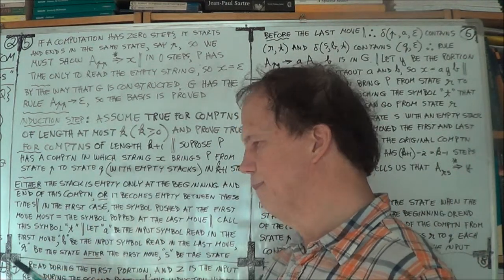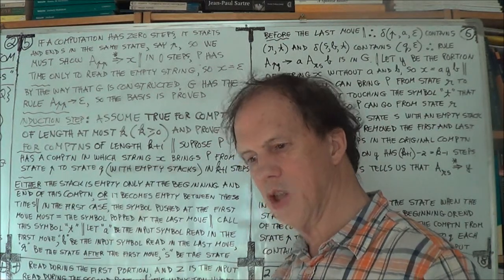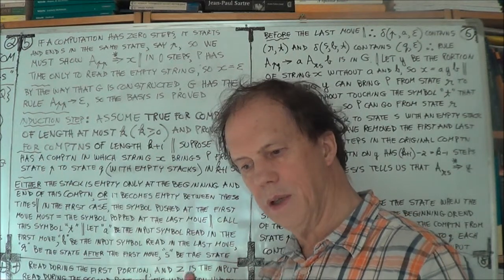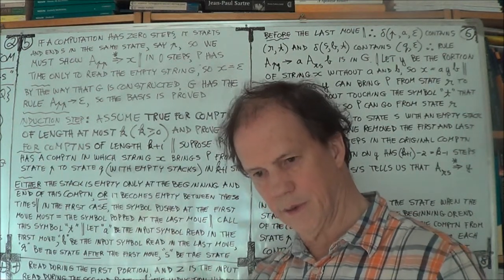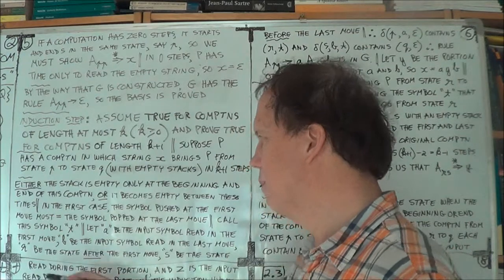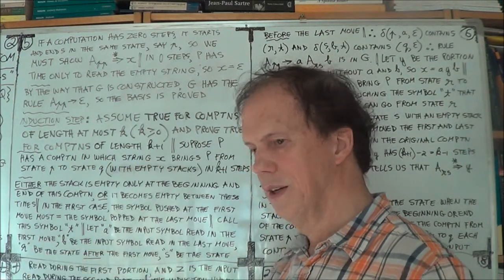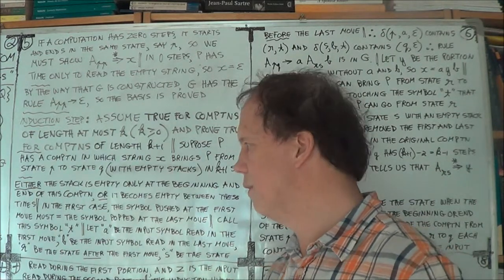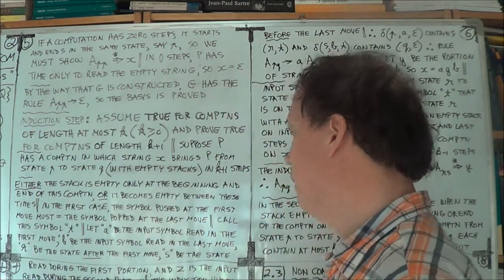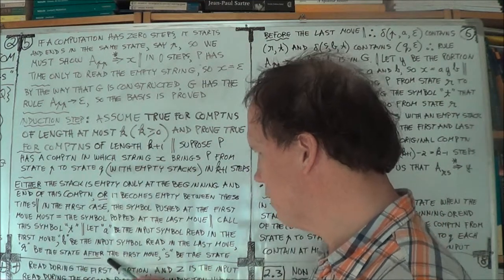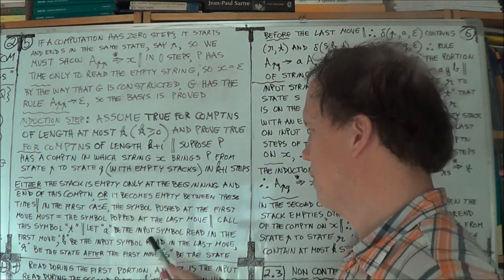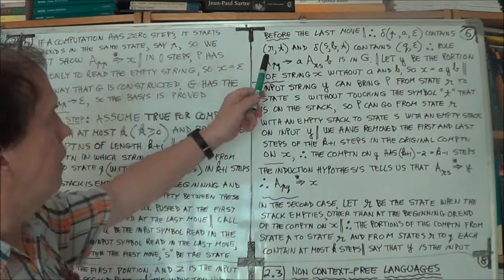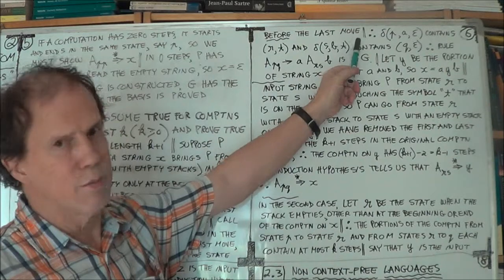Now, let little r be the state of the machine, the PDA, after you read the little a. In other words, after your first step. So this is like the next state after your p. You start in state little p, and r is the next one, the state after the first move. And let little s be the state just before the last move.